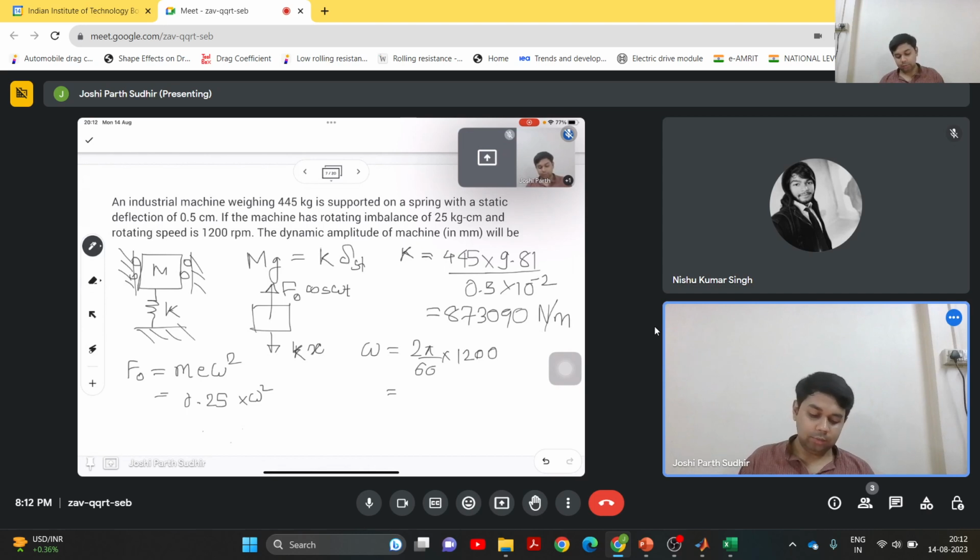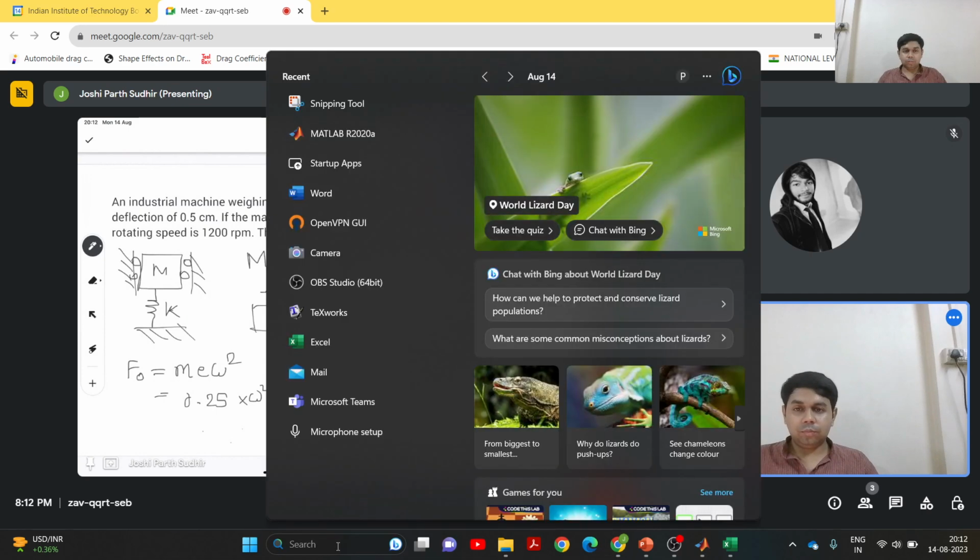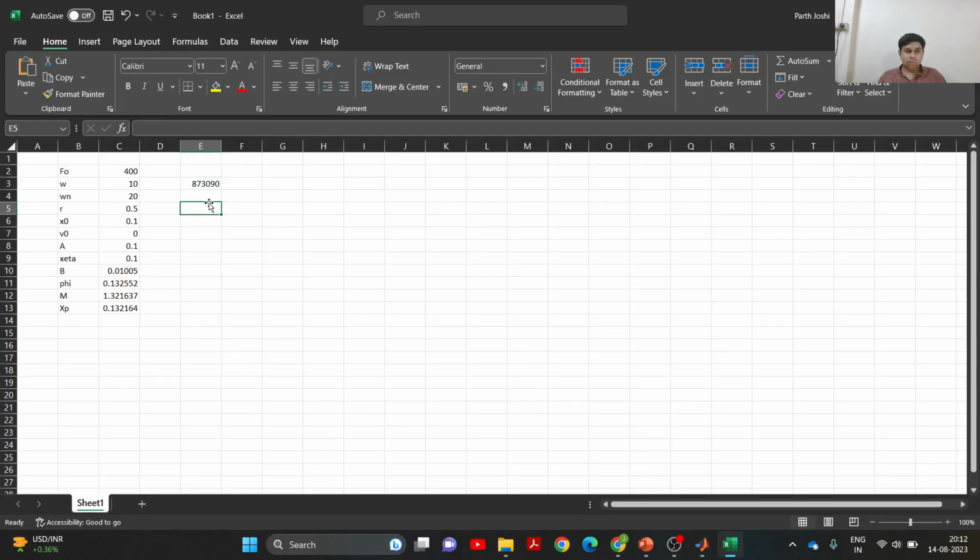So in terms of radians per second, we will get 40 pi, which is about 125.66 radians per second. So this is the frequency of the excitation.